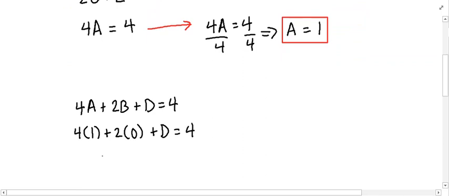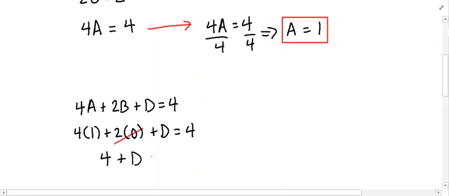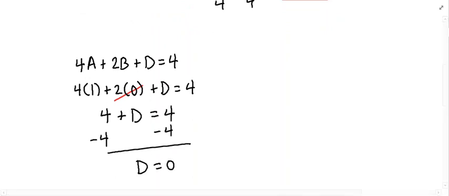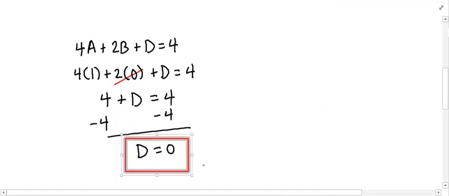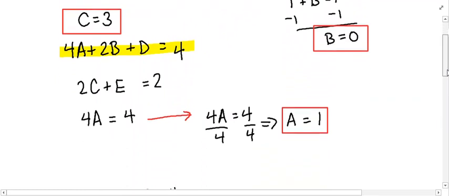So 4 plus 0, this part will go away. So 4 plus d has to be 4. You can solve this for d by subtracting the 4 off. You're going to get that d is also 0. So we've got some stuff disappearing here. And then now I just need e.